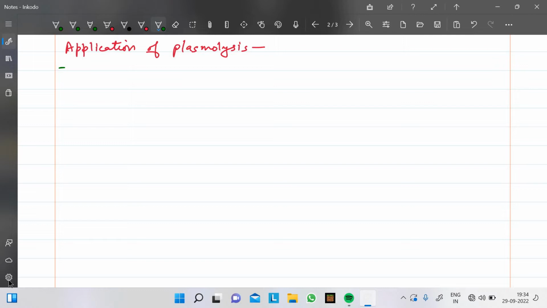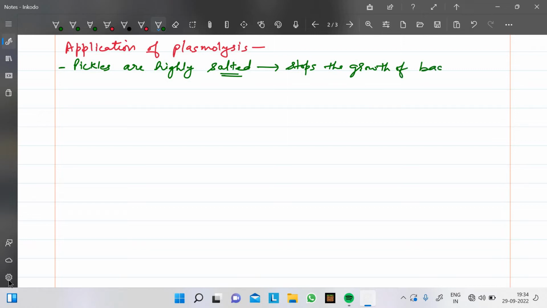Pickles are highly salted. Why? Because this salt stops the growth of bacteria and molds developing on the pickle.